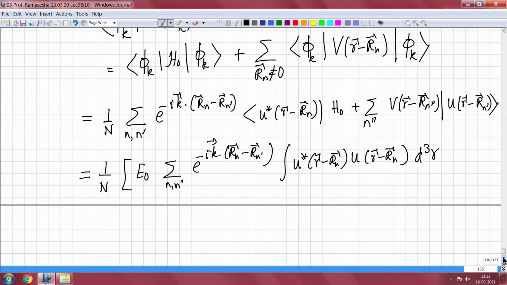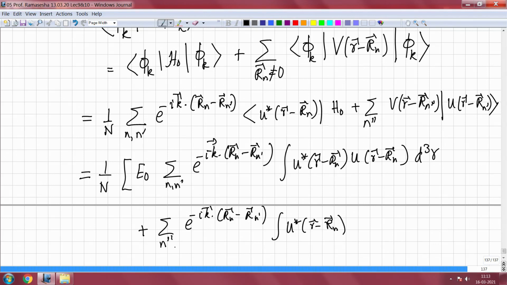I have just separated the two things, plus sigma over n double prime, e to the minus I k dot (r n minus r n prime), integral u star (r minus r n).